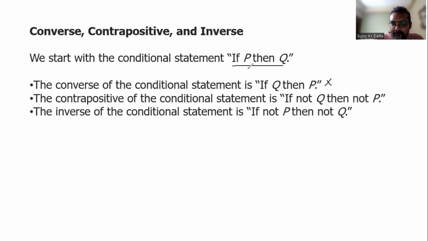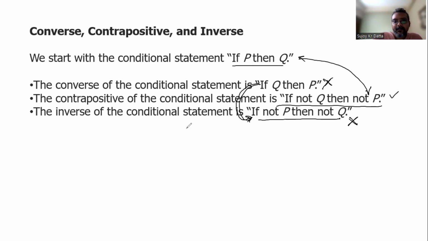The contrapositive is if not Q, then not P. And this is correct. This means the same as this. If not P, then not Q is basically the contrapositive of if Q, then P. Since this itself is false, so this itself is false.